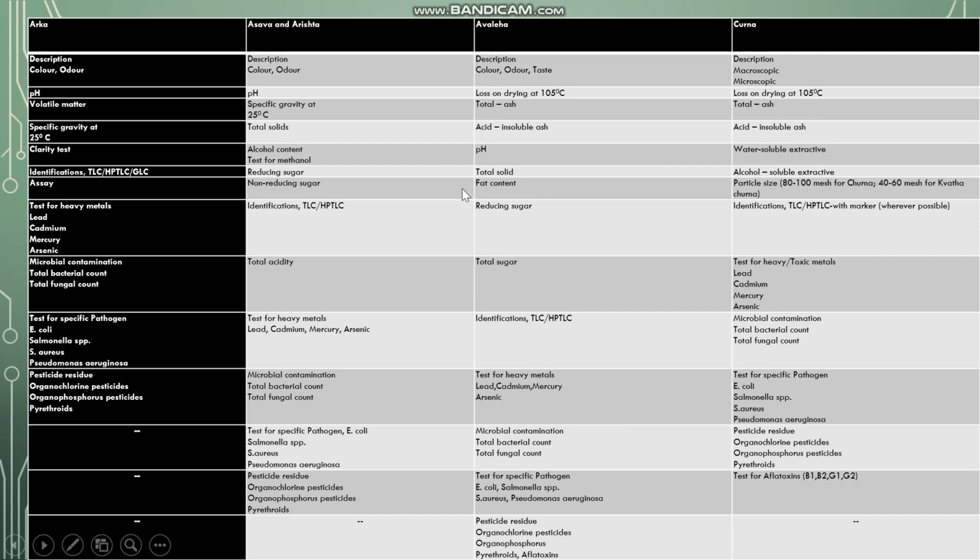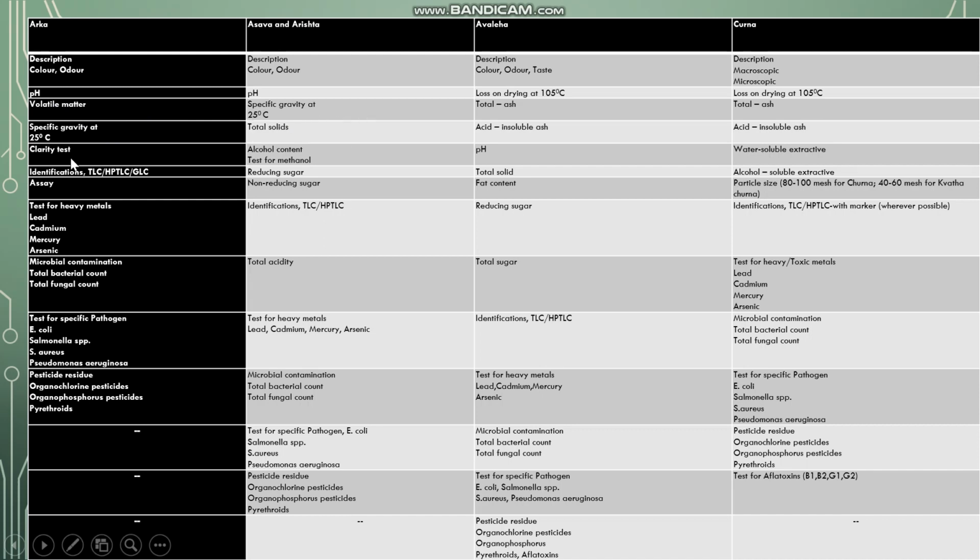So here a very important table is there of different Ayurvedic formulations. As you can see, these are the Ayurvedic formulations Arka, Asava, Arishta, Avaleha, and Churna. So there are different tests over here. These are tests that are mandatory for these formulations. Say for example, for Asava we have to calculate the description, color, odor, then pH is mandatory, volatile oil content is mandatory, and we calculate specific gravity.